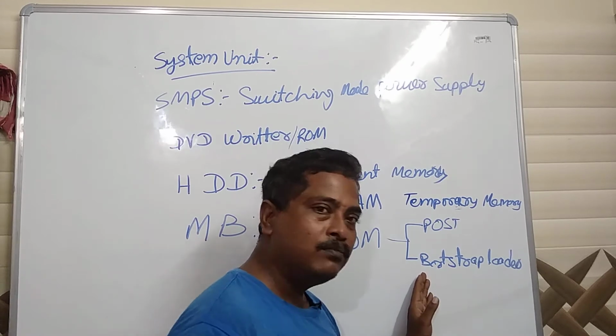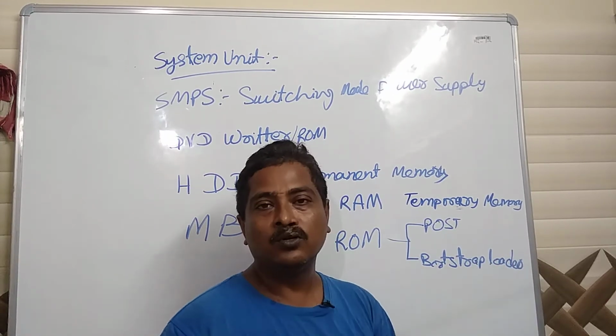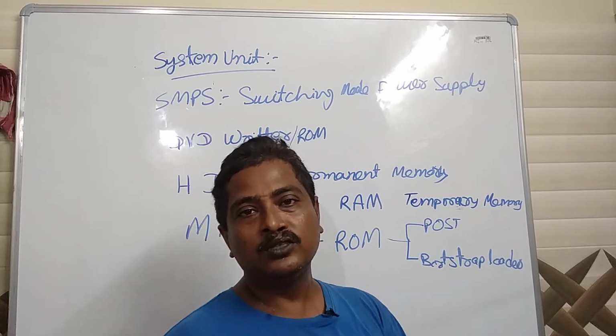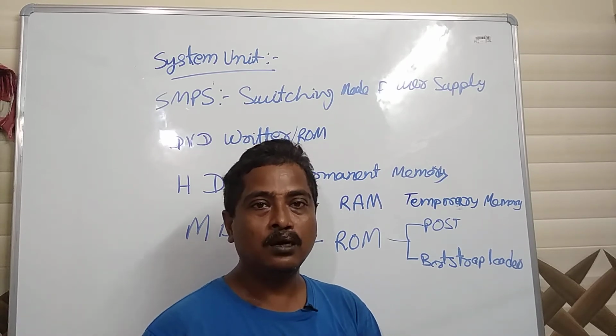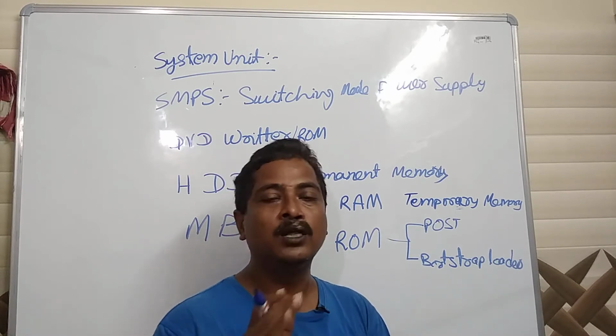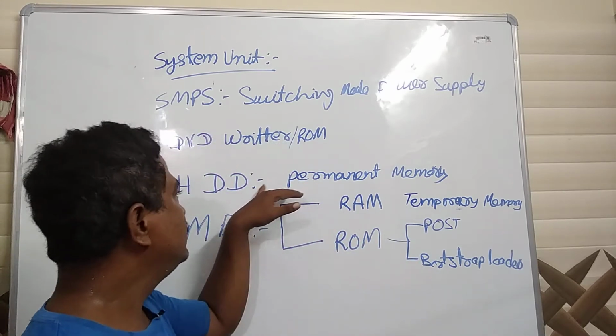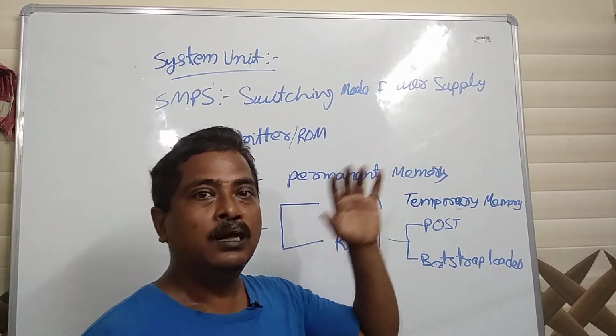Next, program or software or firmware, whatever it is, that is the bootstrap loader. What is a bootstrap loader? Bootstrap loader loads the operating system from the hard disk to the RAM. Why hard disk to RAM? As I told you, hard disk is the permanent memory.